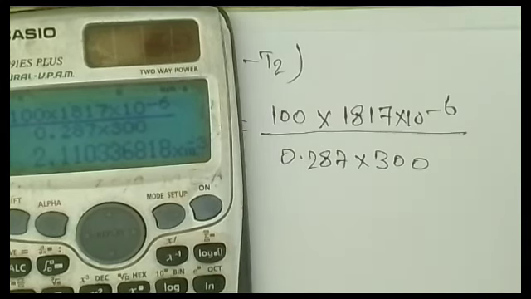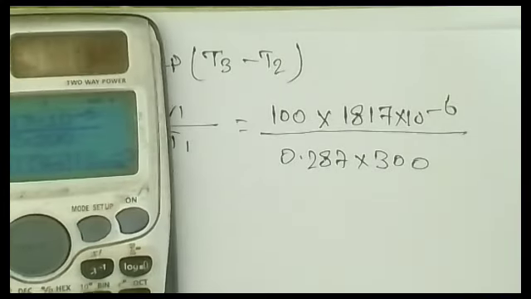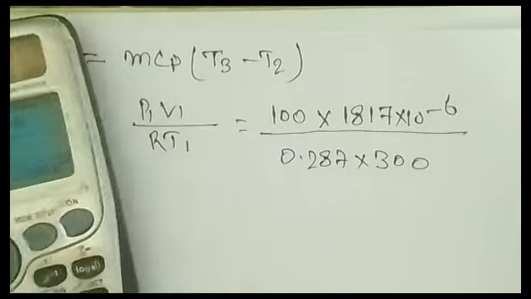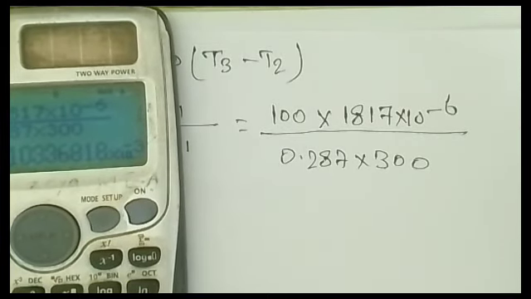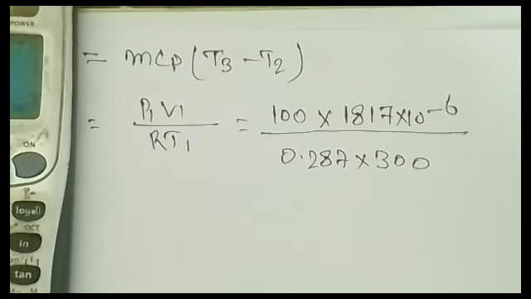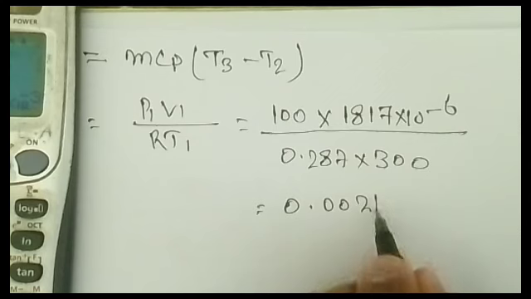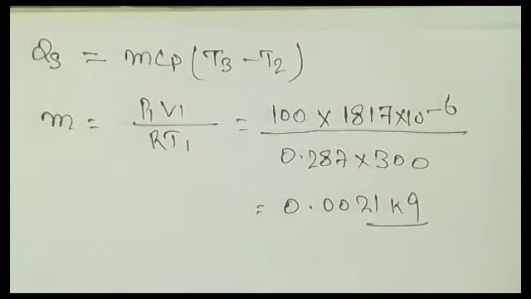So your mass is P1 V1, 100 kilopascal. So you got this mass is equal to 0.0021 kilogram, right? So this mass you got.